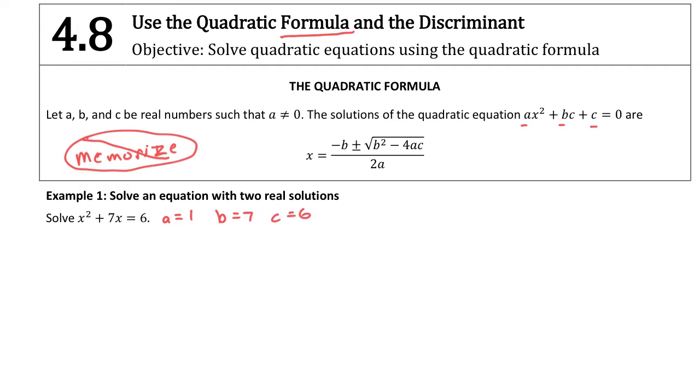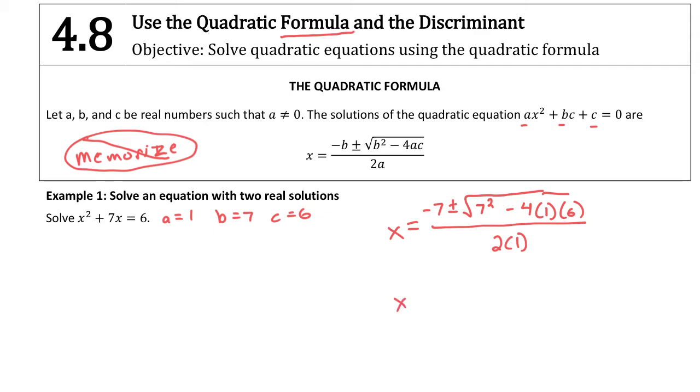So the way I'd set up the quadratic formula is x equals negative 7 plus or minus the square root of 7 squared minus 4 times 1 times 6, 4ac, all over 2a, 2 times 1. So essentially, you're substituting in values, and then you're simplifying using the order of operations.